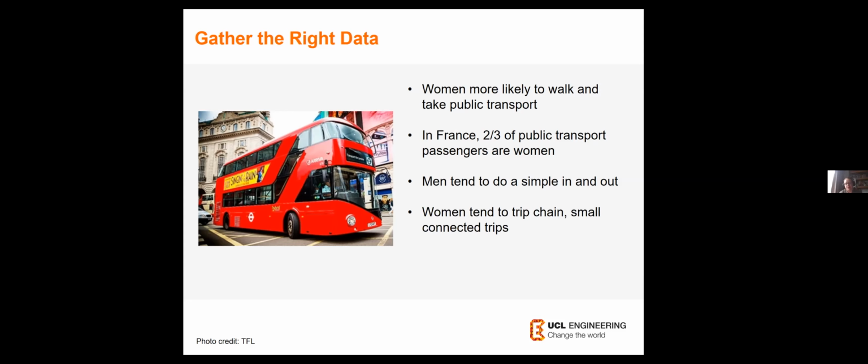And this is really interesting because this can lead to different ways of thinking about how you design your transport system. One of the things we have in London, for example, where women are 25% more likely to trip chain, we tend to have lots of arteries in and out. So if you look at the tube diagram, or even a lot of the bus maps, they go from the center outwards.